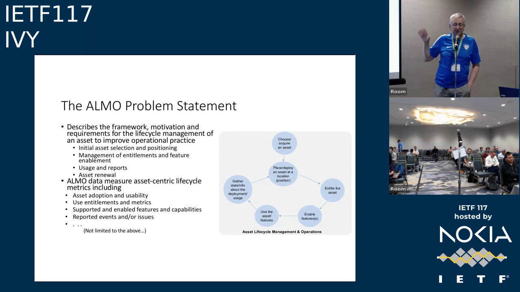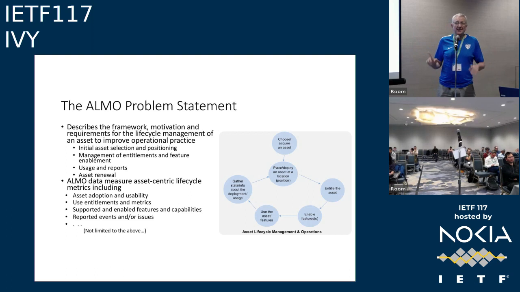The problem statement is this ALMO document that describes the framework, describes the life cycle stages, and tries to analyze which operations are expected to be applied there, related to asset selection and positioning. And when talking about assets, we're talking about virtual and physical things. We are talking about versioning, and about software that has to be deployed.